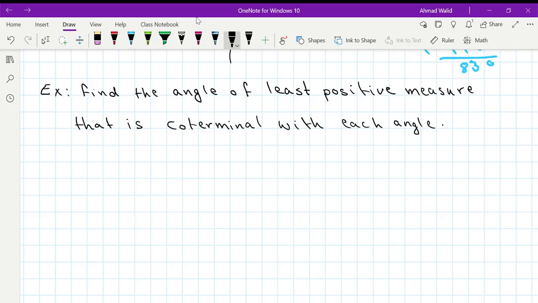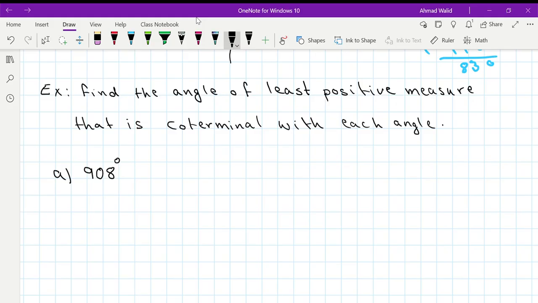Correct? Part A, they give you an angle here. The angle is 908 degrees. We want to find what is the least positive coterminal to 908.